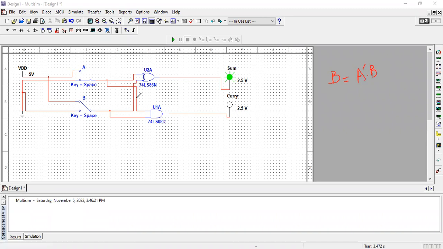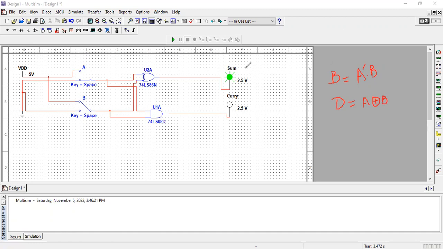If we apply a NOT gate over here, the same circuit will be used for the half subtractor. And in case of difference, we have already seen that we must have the equation A exclusive OR with B. So remember this equation.